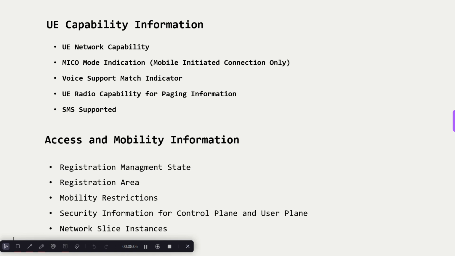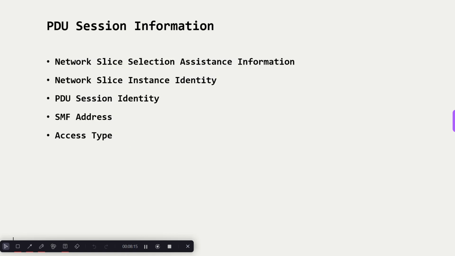Then network slice instances: it will select the network slice. Then PDU session information, network slice selection assistance information, then network slice instance identity. Then PDU session identity, then SMF address, then the type of access.